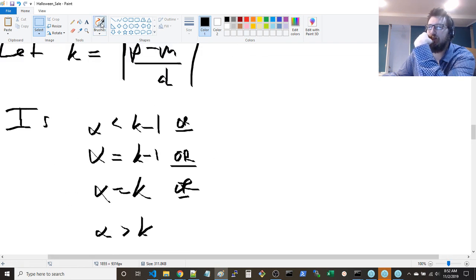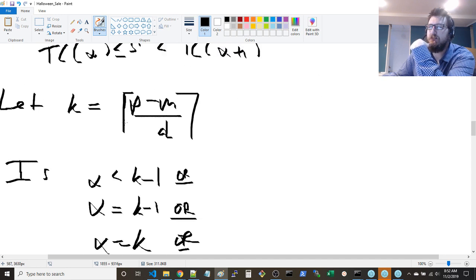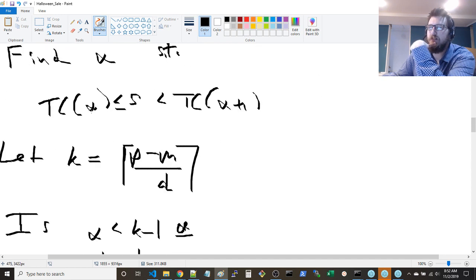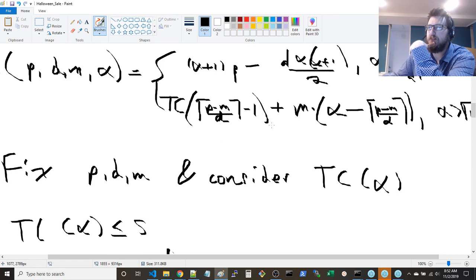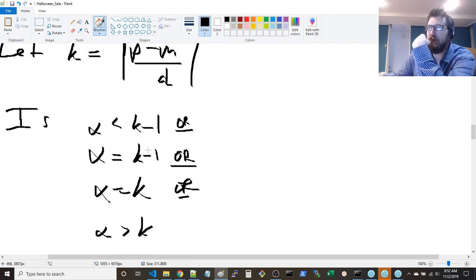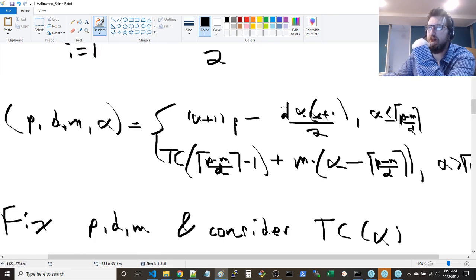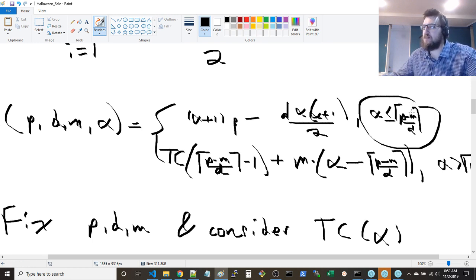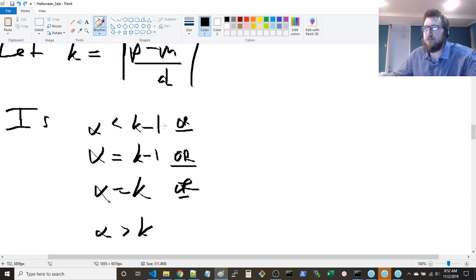So if we're less than k minus 1, then it's both on the same side, right? If we're equal to k minus 1, then this is going to be right. K minus 1 is less than this. It falls in this category, and then equal to k, right? K minus 1 plus 1 is k, so this is less than or equal to k, so it's the same side. So this could be combined.